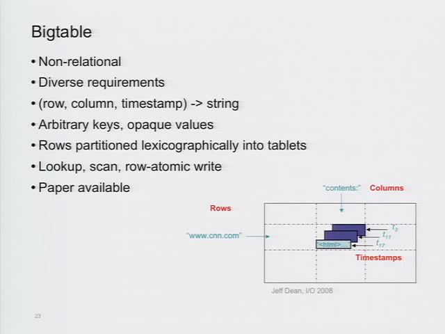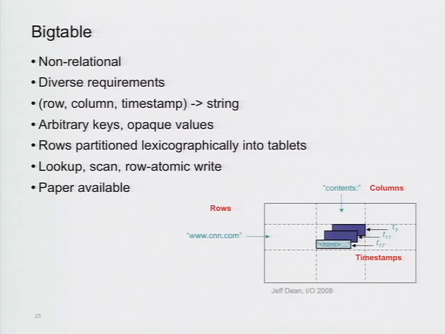Imagine that. So your rows are just arbitrary strings that are lexicographically ordered. Those are a single table, which can be ginormous. So it's chunked out to different servers according to the row space, so different sections vertically.